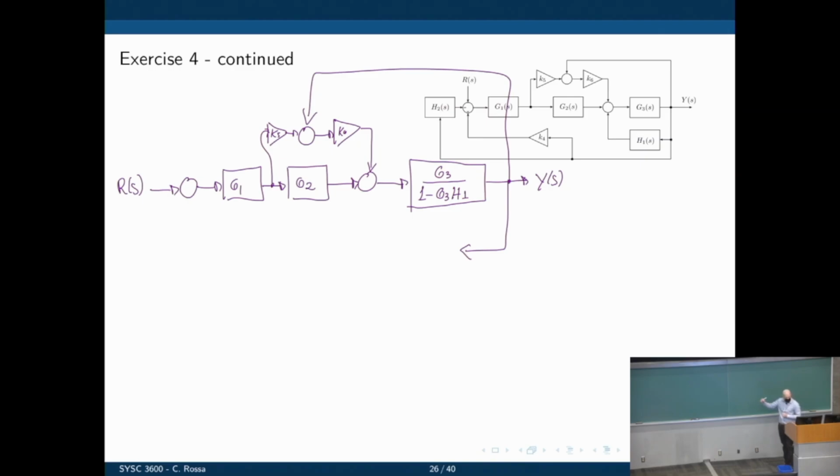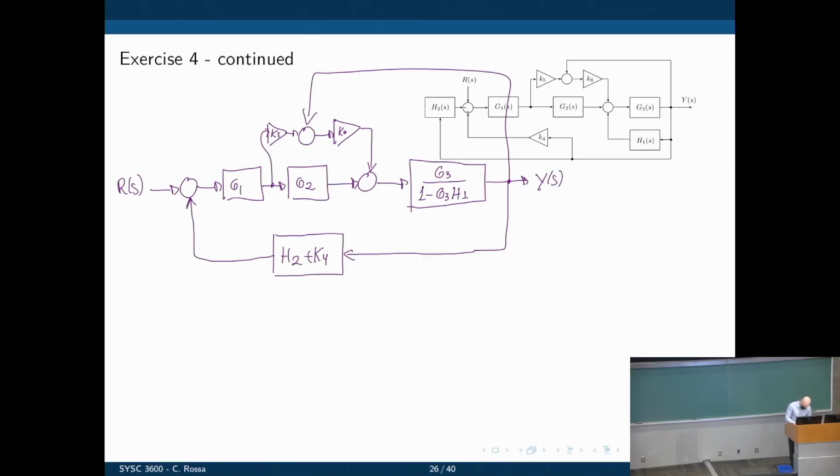And now we have this feedback loop at the bottom there that has K4 and H2 in it. And as we discussed, they can be put together into one sum. And then they go to that sum over there. They are both negative. You notice here, both negative.